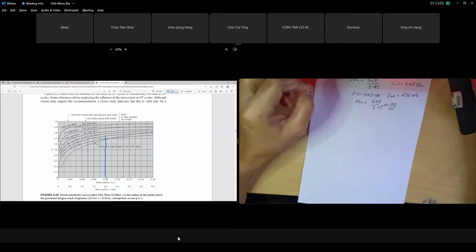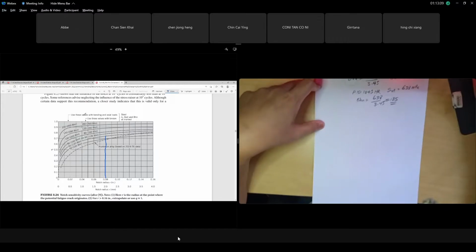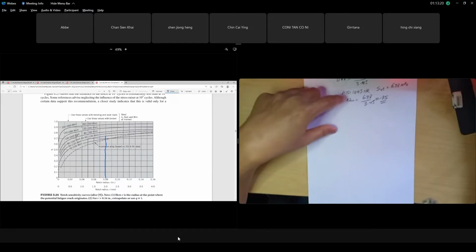So in our case, for Q, we want the notch sensitivity for the bending case. Our case is bending, right? So we use the left scale, not the right one. Since our Brinell hardness is 185, where is the 185 line? It is between 200 and 160. You should print this graph, because you cannot do it with a mouse like I'm doing.